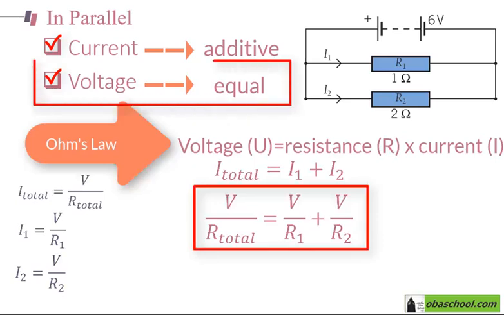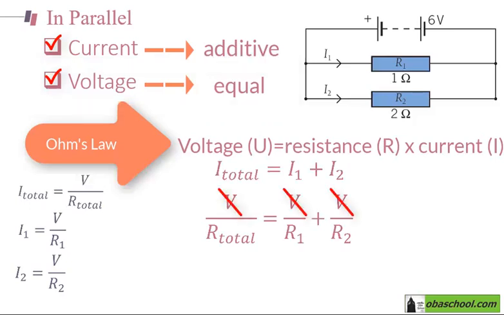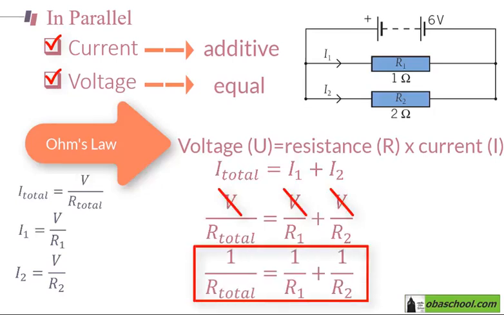And since the voltage is equal in a parallel connection, then we can divide this equation by V in order to get the equation for resistors in parallel. 1 divided by R total is equal to 1 divided by R1 plus 1 divided by R2.